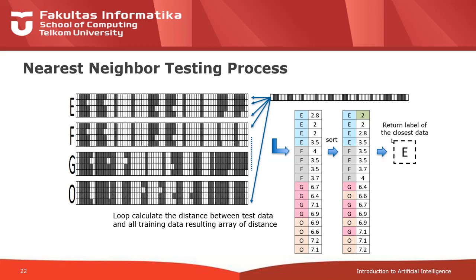And we return the label of the closest data, which is E, this one.